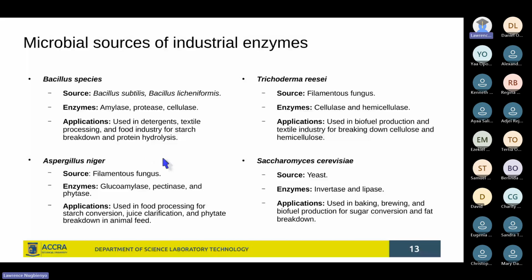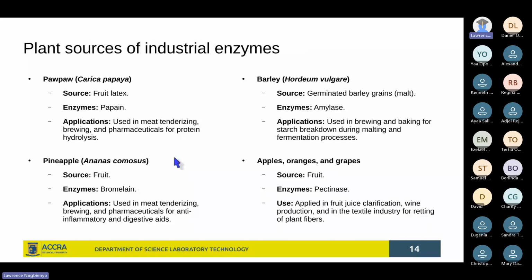Plant sources. We did talk about the enzyme papain, which is used in meat tenderizers. It's also used in pharmaceutical products, and that papain can be gotten from, say, pawpaw. Amylase can be gotten from, say, barley. That's a grain.